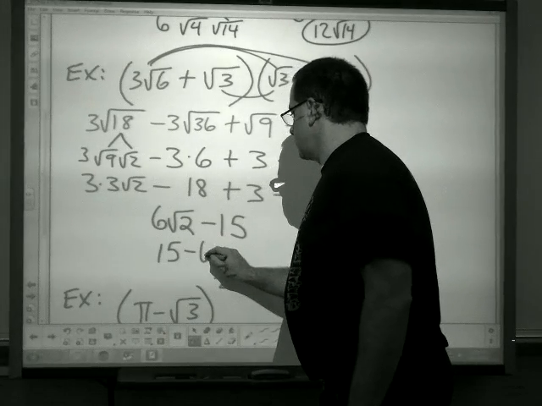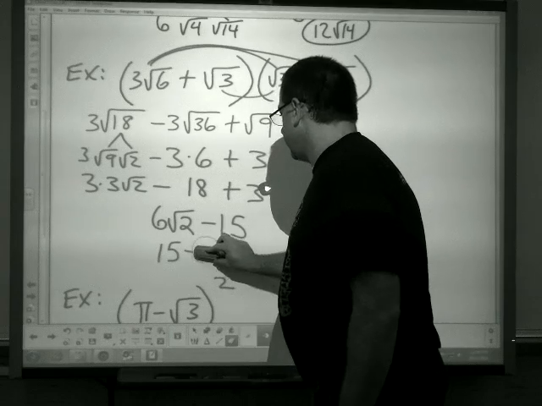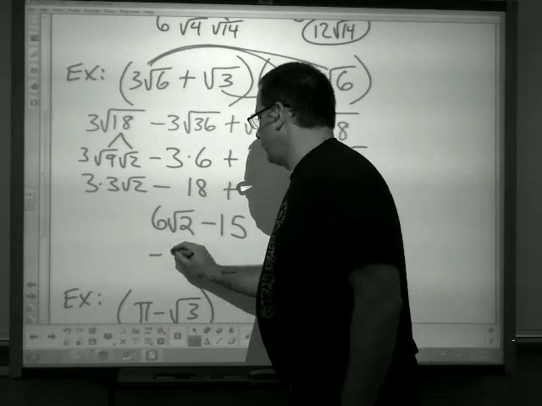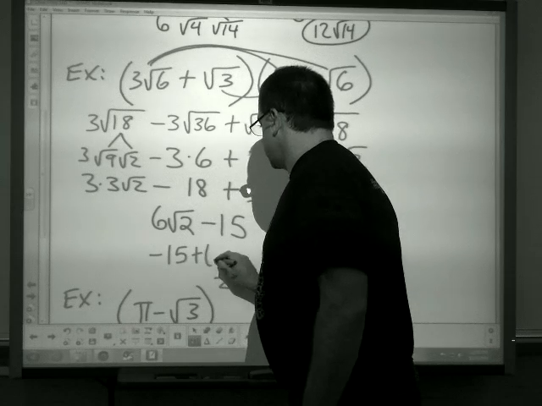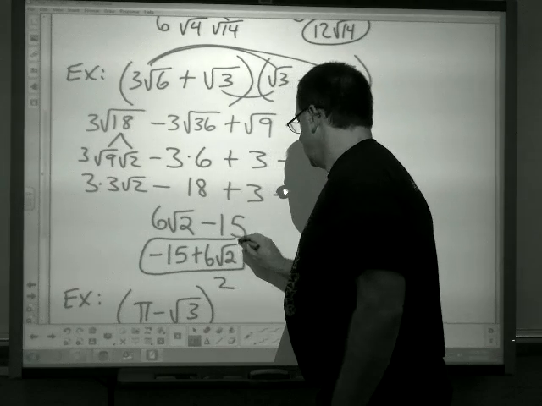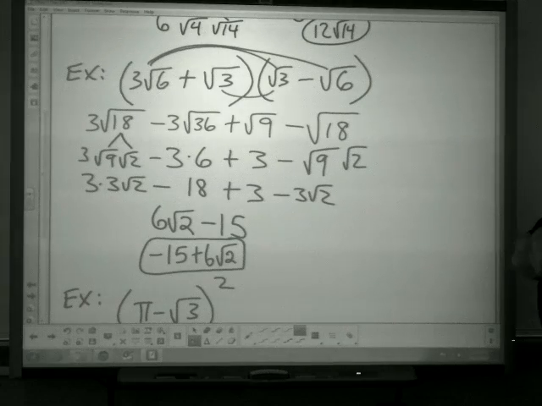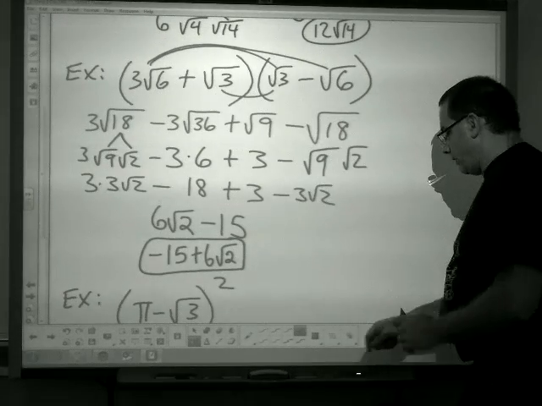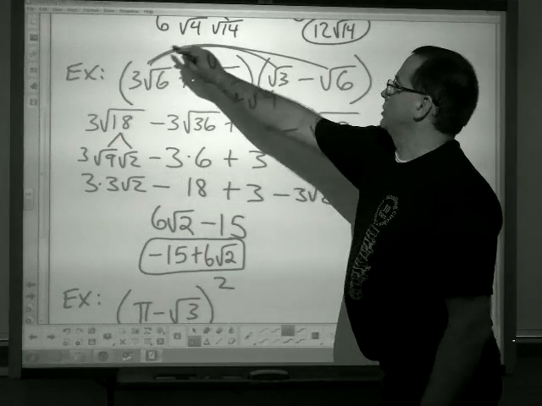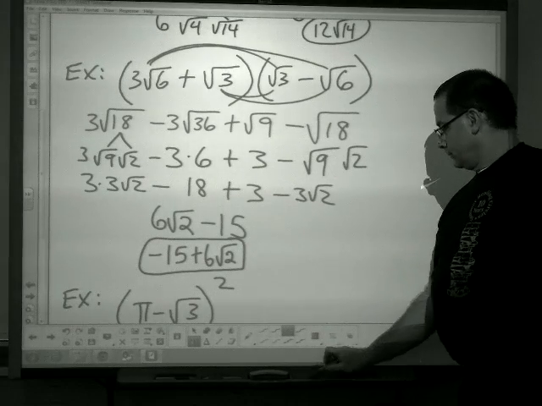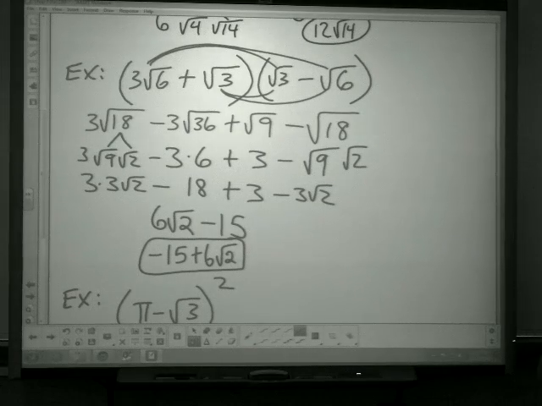So negative 15, because the negative is on the 15. So it'd be negative 15 plus 6 radical 2. And so again, when you multiply the binomial, you got the first, the outer, the inner, and then also the last.